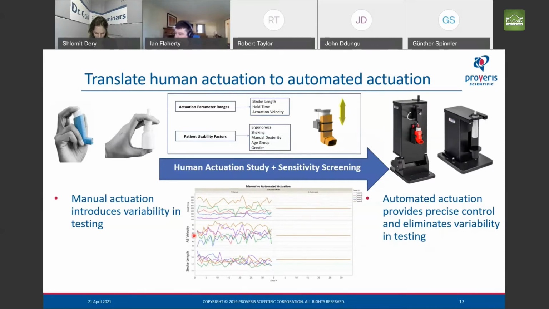You can see hold time, velocity, and stroke length varies quite a bit. Whereas on the right, this is just an example profile from one of our actuators. So it's very, very unique. So once those parameters are zeroed in, then all the testing going forward happens with very, very low variability.